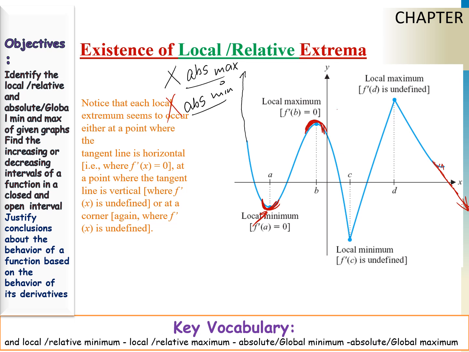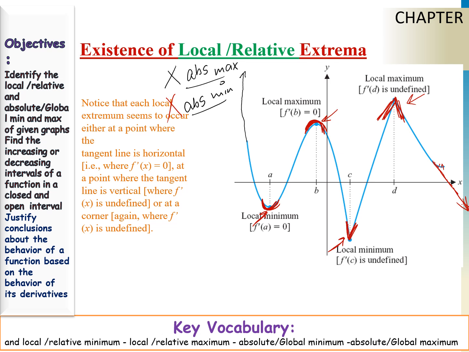Like a mountain, it's a peak, so it is a local maximum. Over here again it's a kind of a valley, so it's a local minimum, and here again is a peak. Whenever you have a peak, you will say this is my local maximum. No matter whether it's a conical turning or a smooth turning, you will have the local maximum and local minimum at the turning points.